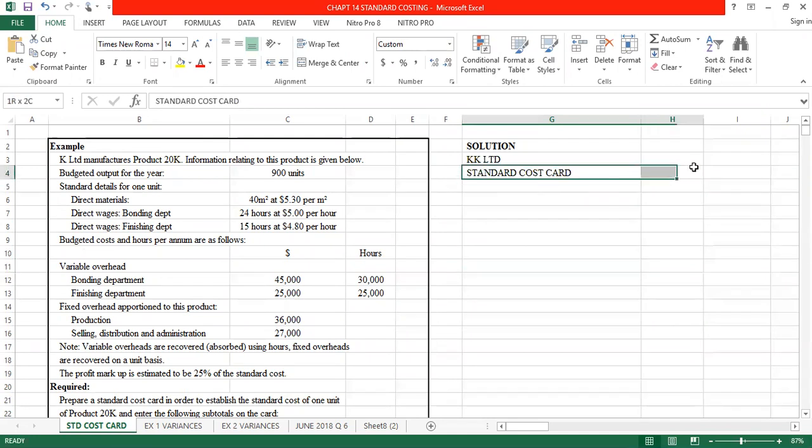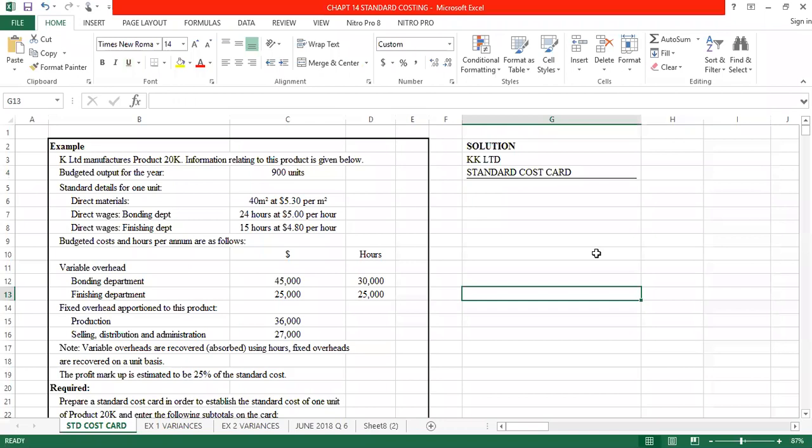Now, in order to prepare a standard cost card, remember the format that we have said. What do you start with? KK manufactures product 20K. Information relating to this product is given below. Budgeted output for the year is 900 units. Standard details for 1 unit: you have been given direct materials, direct labor, that is wages, for 2 departments, bonding and finishing.